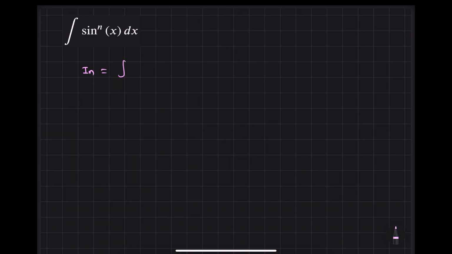While dealing with sine, you should take one thing outside, so it is sine power n minus 1 x into sin x.